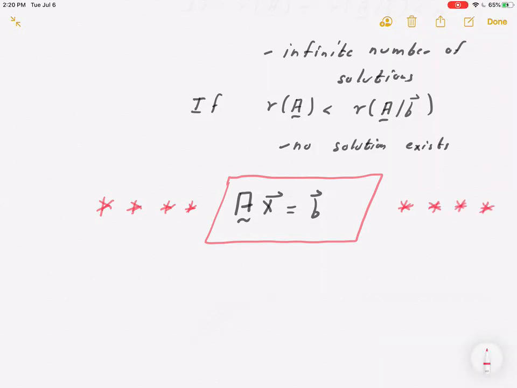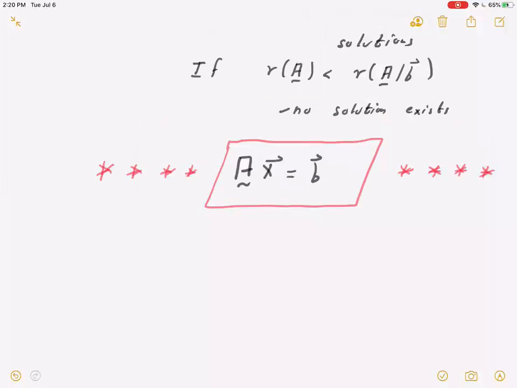Some would say it is the most important equation in linear algebra. Okay.